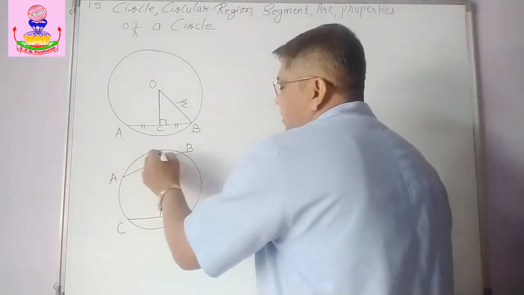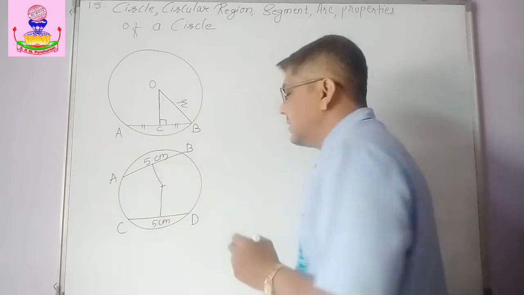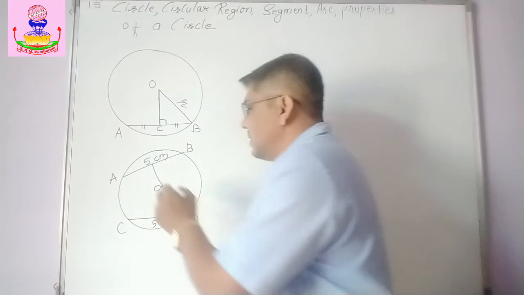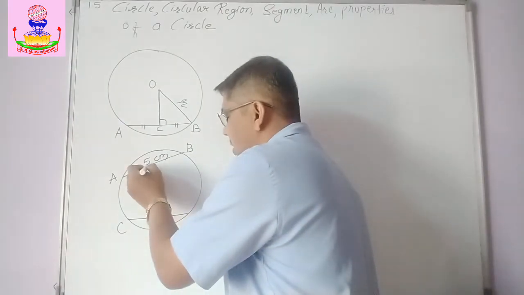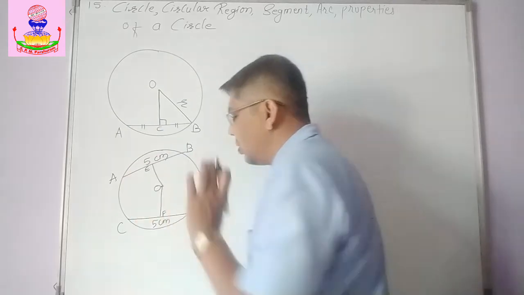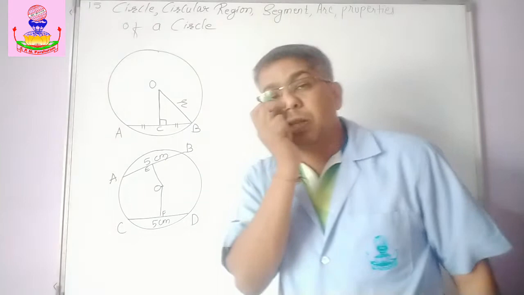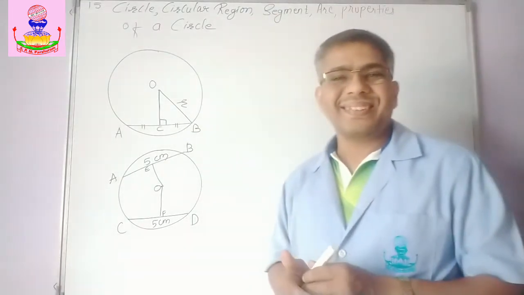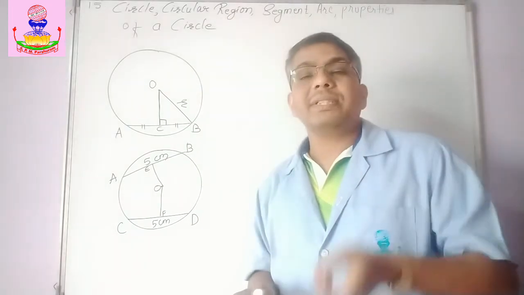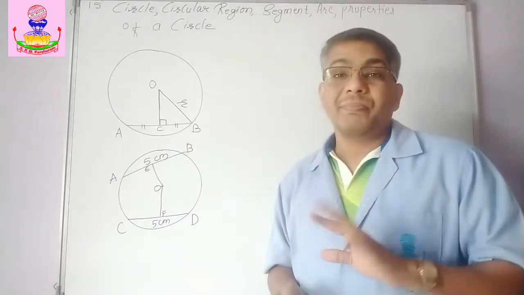Suppose this is 5 centimeter and this is 5 centimeter, then the distances from the center of the circle, suppose this is E and this is F, then segment OE should be congruent to segment OF. That is, the distance from the center of the circle is always the same. Do you get it? So congruent chords are always at equal distance from the center of the circle.